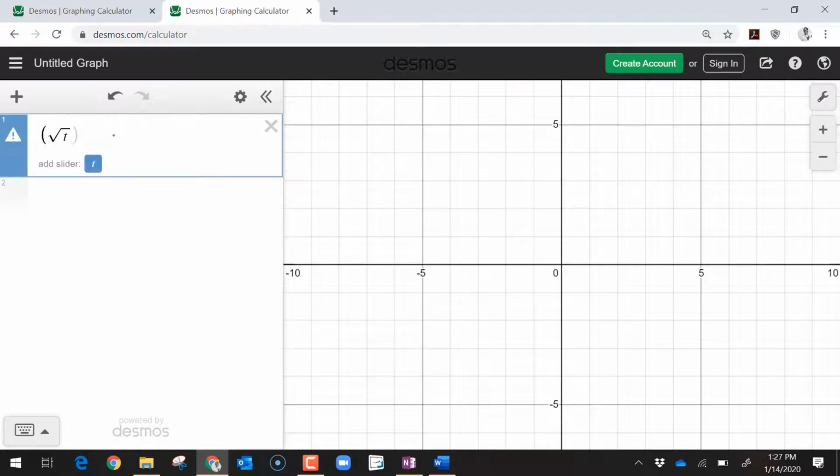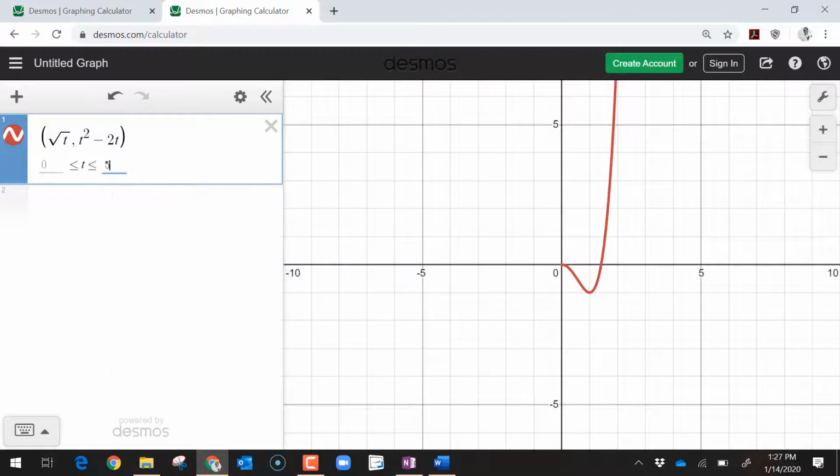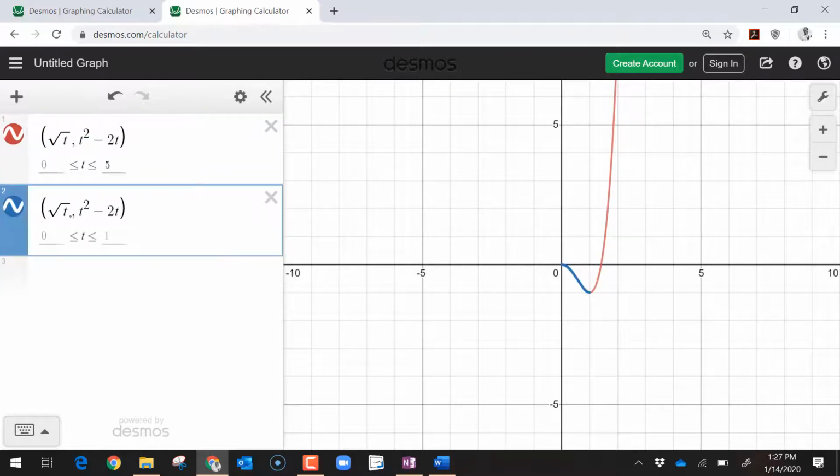Square root of t squared minus 2t. We want to include 4 here for sure, so what if we go to 5? Where are we when t is equal to 4?